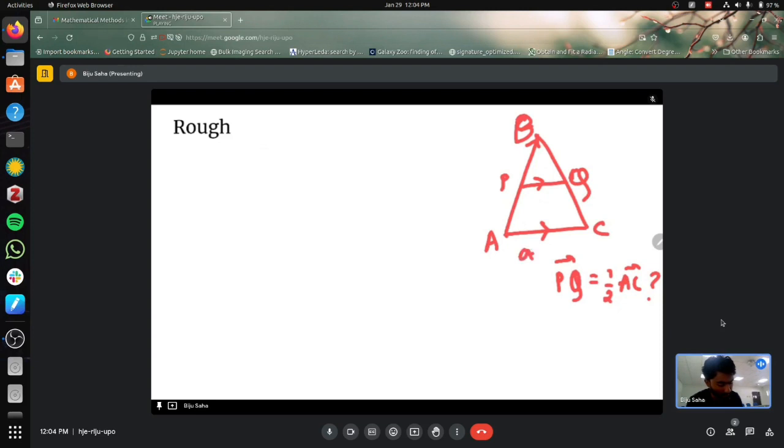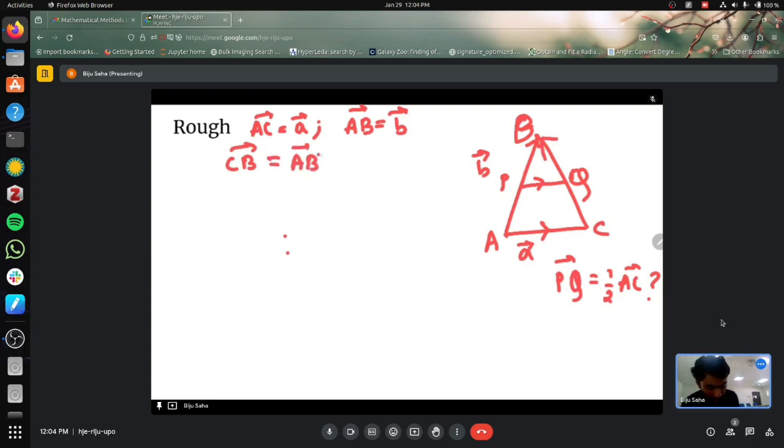Let me define AC as vector A and AB as vector B. Once I have denoted this, I get to write CB is equal to AB minus AC, or in other words, B vector minus A vector.